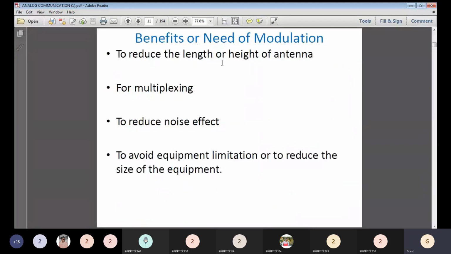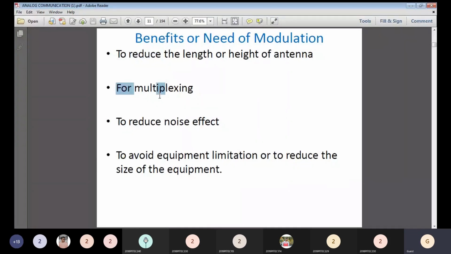Why are we using modulation? What is the reason? Benefits of modulation. The first thing is to reduce the length or height of the antenna, because the antenna size is inversely proportional to frequency. So to reduce the antenna height, we choose a high frequency signal. Next one is multiplexing.